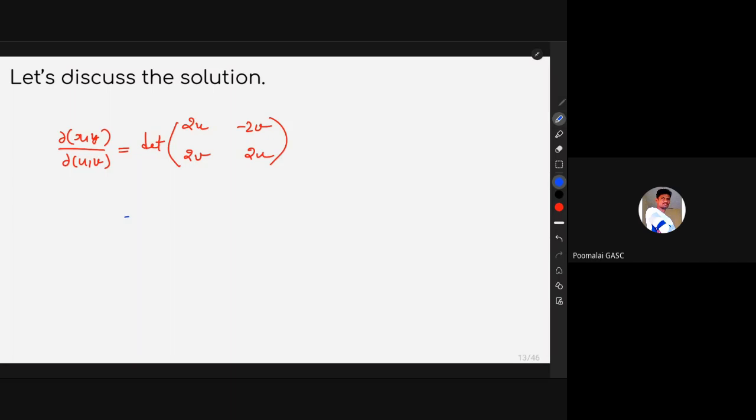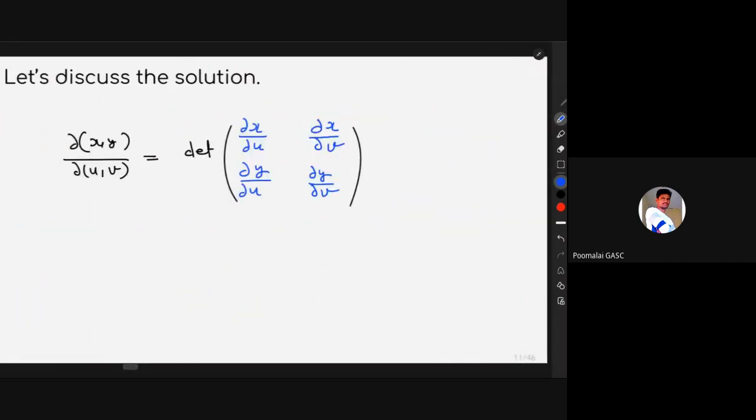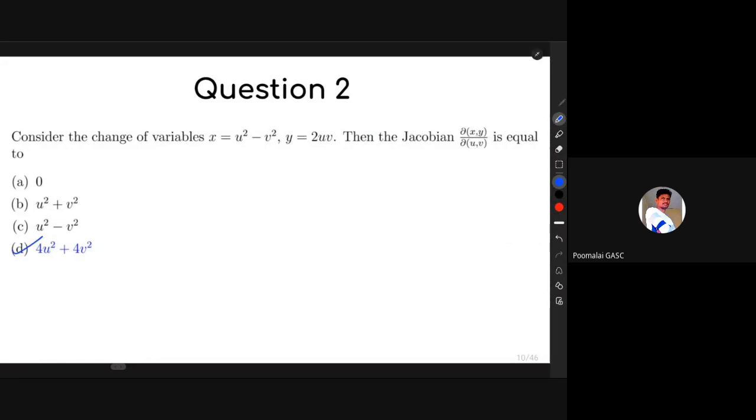If I calculate this determinant, what will I get? I will get 4u square minus of minus 2v times 2v, so 4u square, minus becomes plus, 4v square. So this is what our Jacobian is going to be. This completes the question solution, so the answer D is correct.